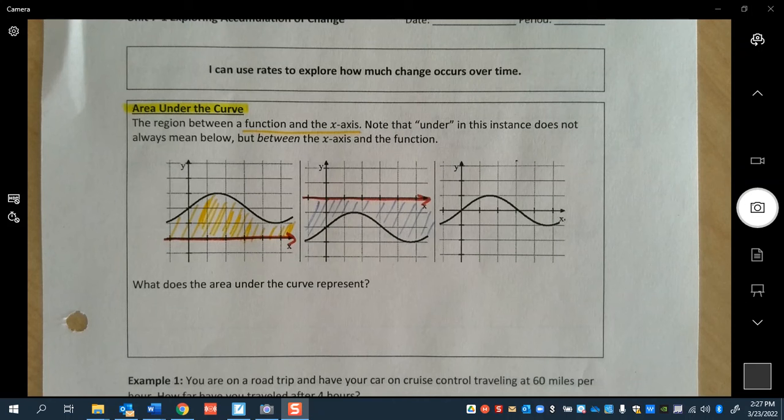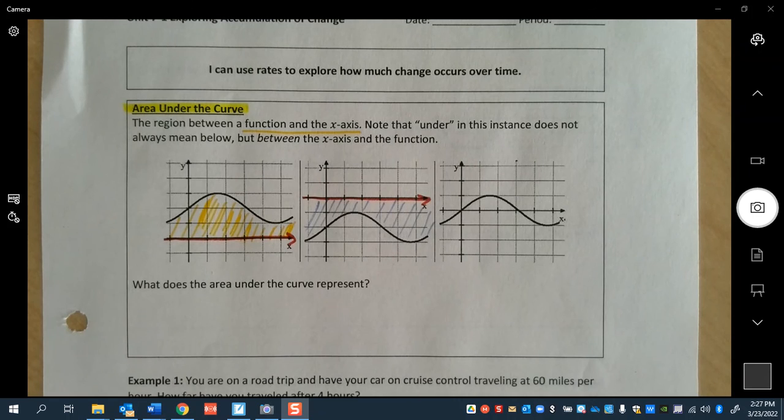Think back to that idea. I'm talking about the distance from my x-axis. Think about your x-axis as where 0 is. If I want to know the area under that curve, I'm talking about how much space exists between the curve and 0.